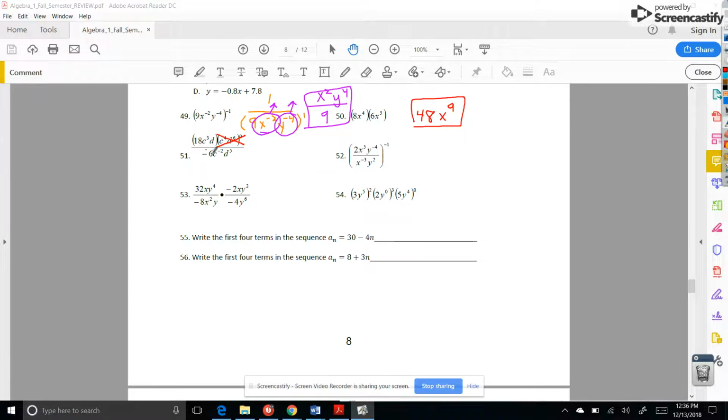I can simplify my coefficients here that 18 divided by negative 6 is negative 3. I have c to the negative second power, which is going to come up to the numerator and join with the c to the third power. So that will make c to the fifth power. I need to erase this just to make sure. Okay, so yeah, d is only to the first power in this numerator.